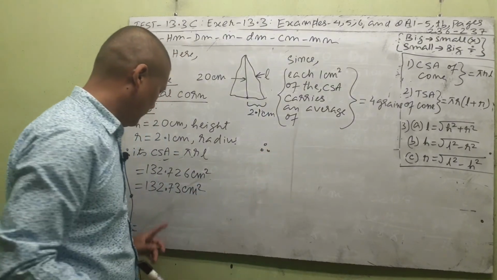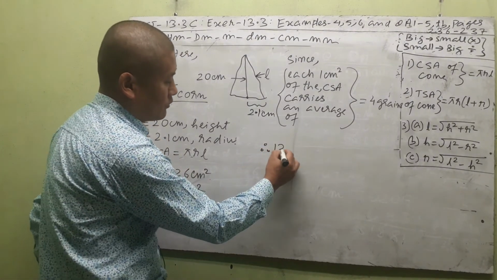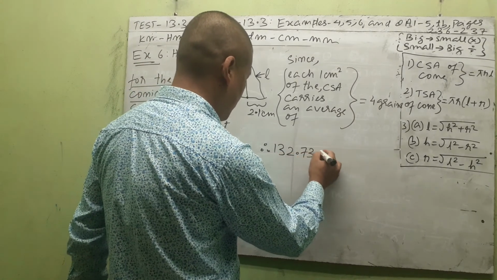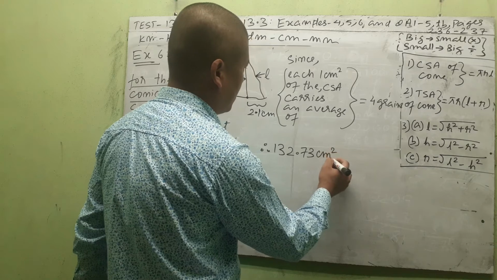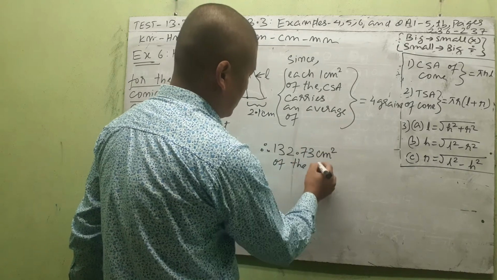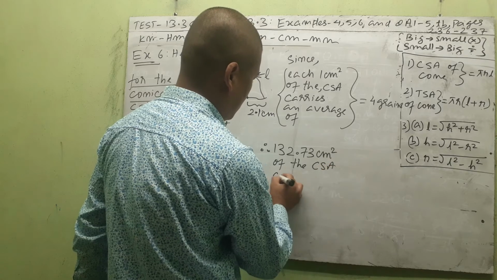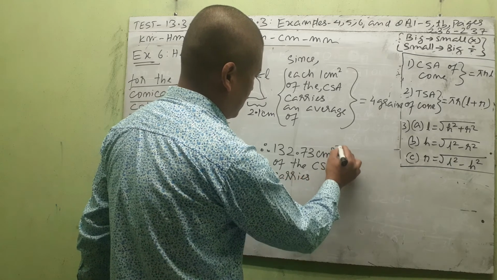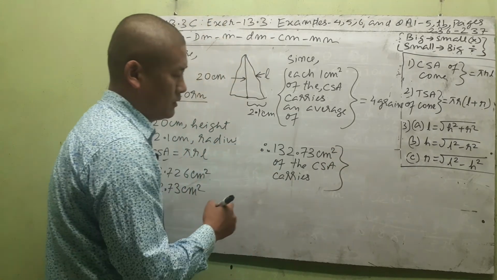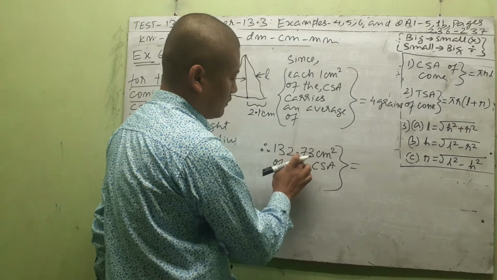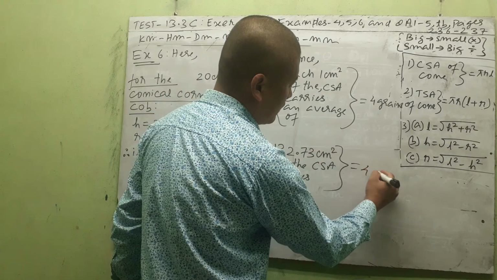Then the total curved surface area is here. So how much will there be on the total curved surface? Total curved surface is 132.73 centimeters square of the curved surface area, which carries on an average 4 grains for each 1. So 132.73 will carry 4 times that.